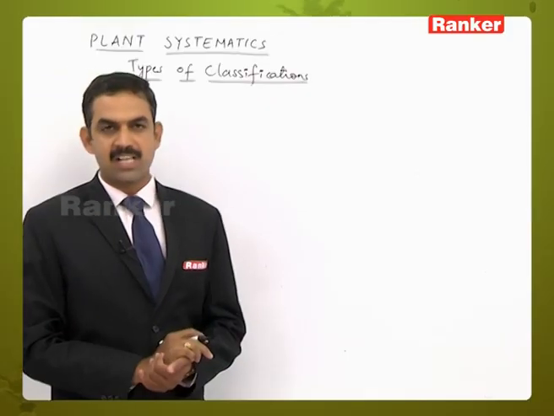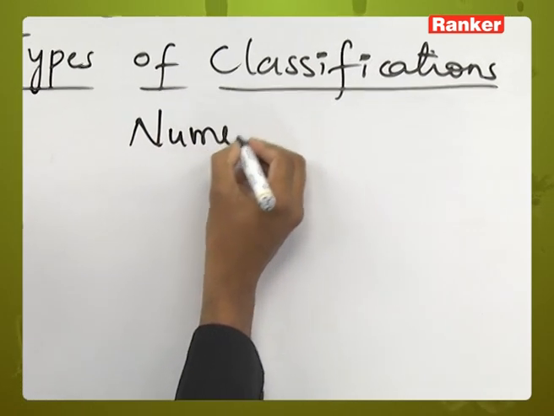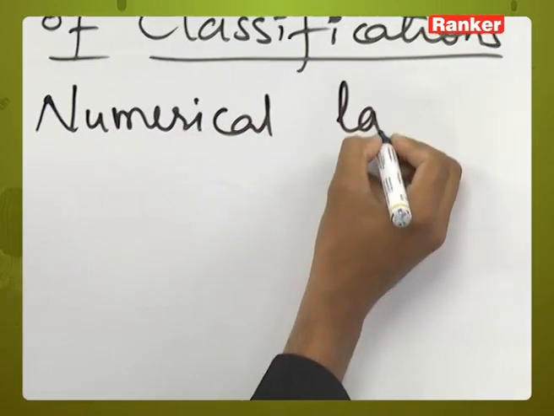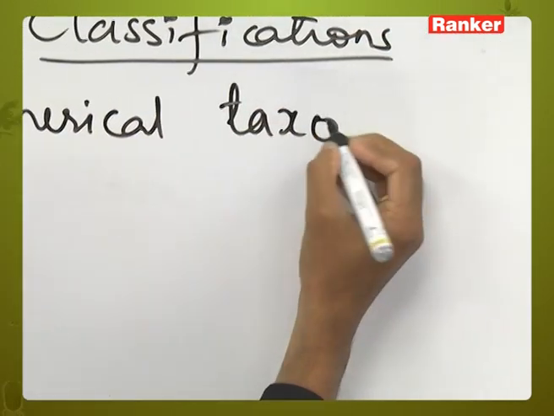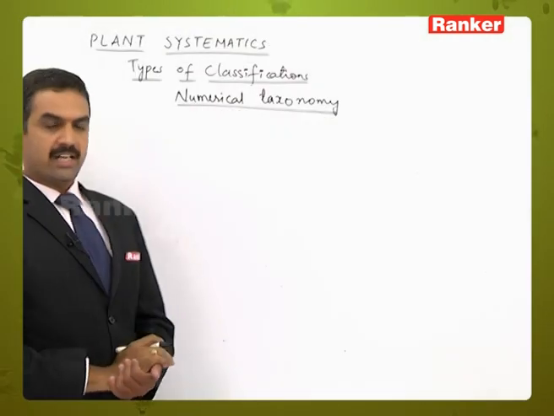There are other systems of classification, like numerical taxonomy.